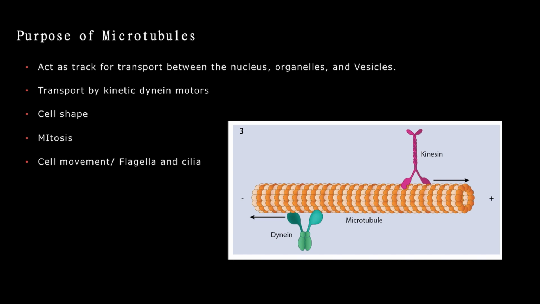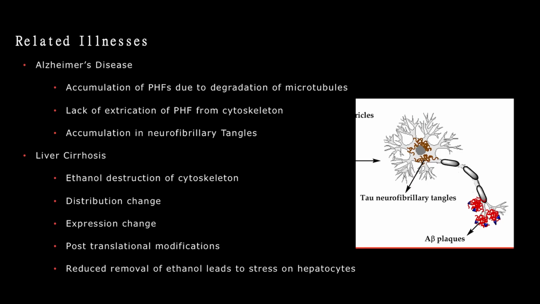And then, of course, modified microtubules that have a little more differing to them are responsible for cell movement, like in flagella and cilia. Flagella are what we've seen in things like sperm cells, and cilia we see a lot of in intestinal tract cells, allowing for increased space and movement of things across.